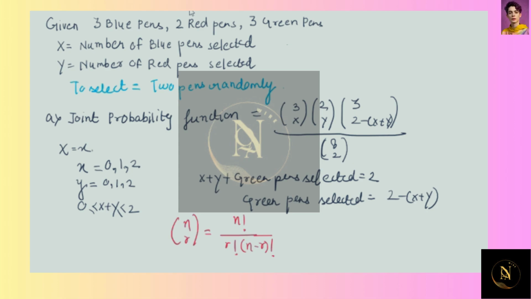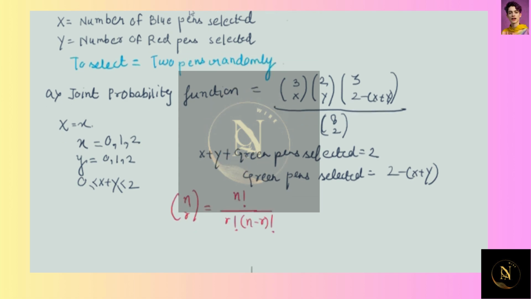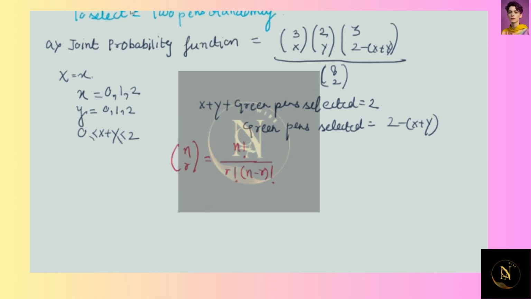So first of all, let us find the value where x is equal to 0 and y is also equal to 0. So when x is equal to 0 and y is equal to 0, this is f(x, y).